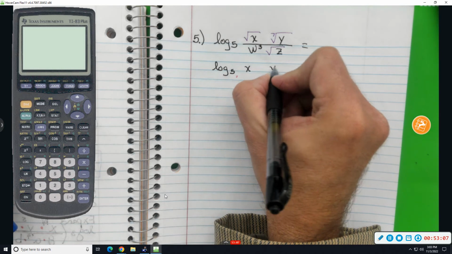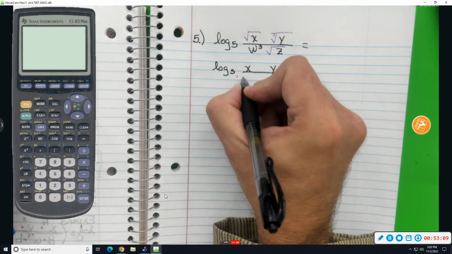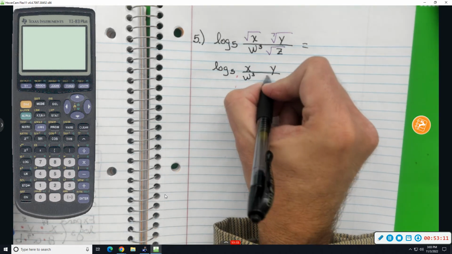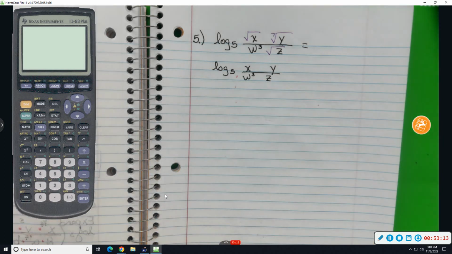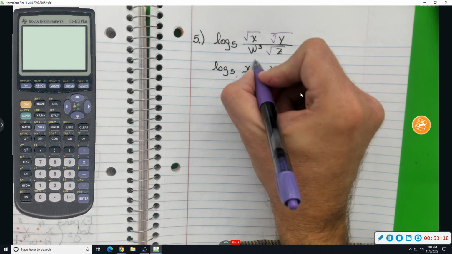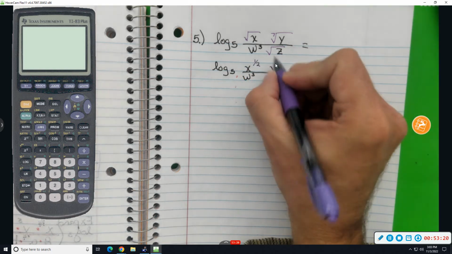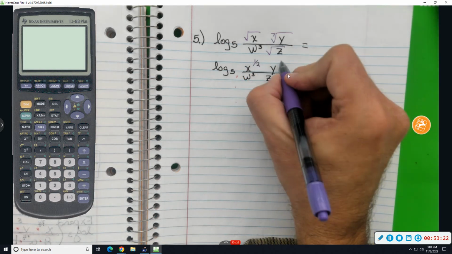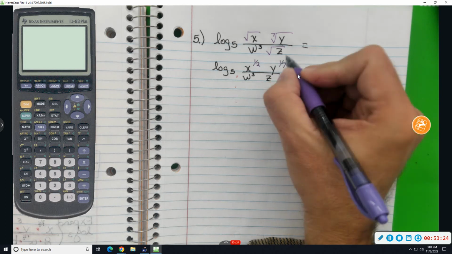But once you have them in terms of exponents, you'll be able to go to the expansion without showing any other work. What exponent are we going to put on this x here? 1/2. Well, okay, you already answered that. What about the y? We have a 7th root, okay? And the z would also be 1/2.